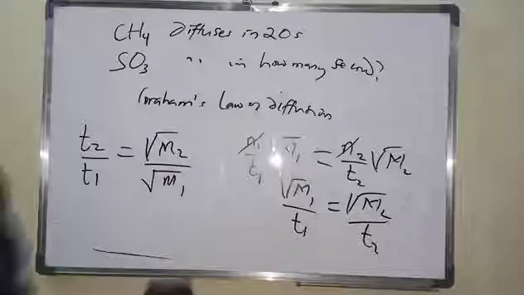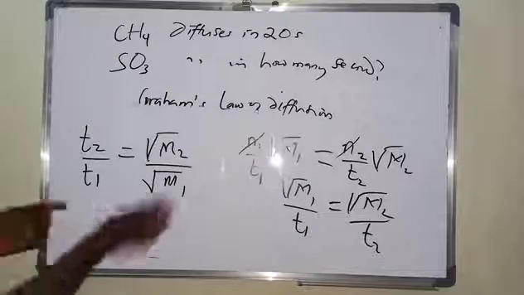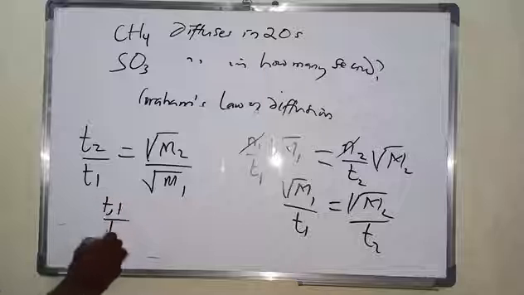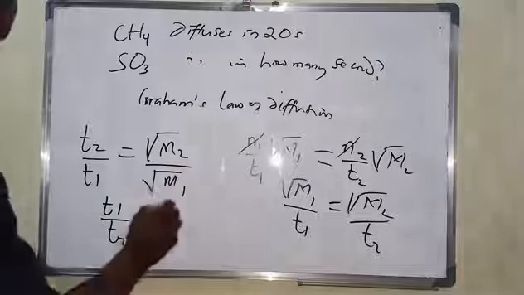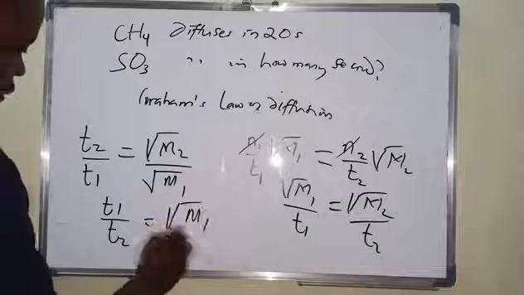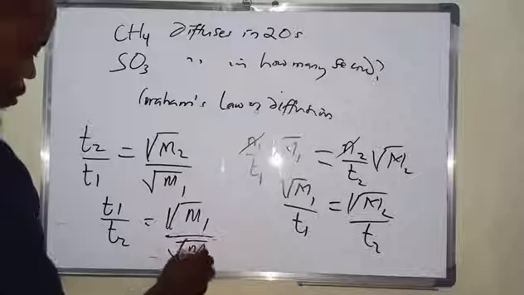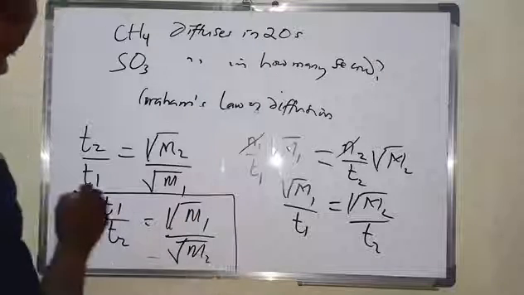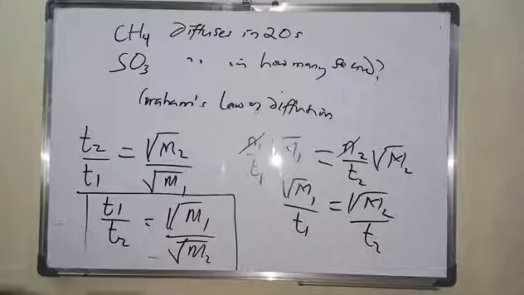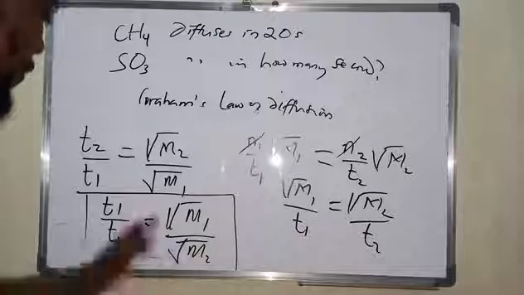Understand? This is the same thing as T1 over T2 and M1 over M2. So this is the relationship between time and the molar mass for two gases.